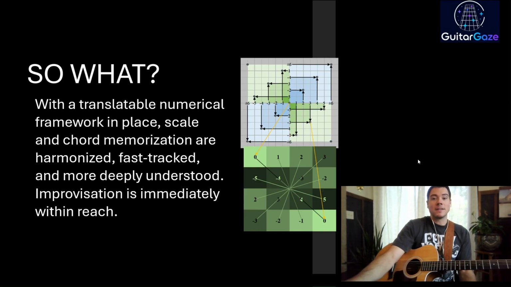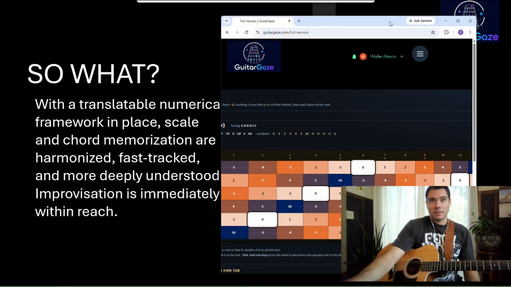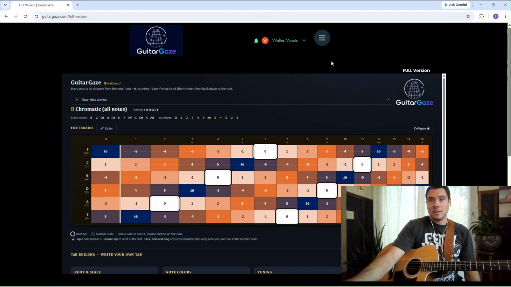It makes improvisation immediately within reach for you if you take the time to stare at the fretboard as you've got available on guitargaze.com. Think about these structures, your 4x4 and your 3x3, and think about the intervals within those structures and just spend time messing around with it.